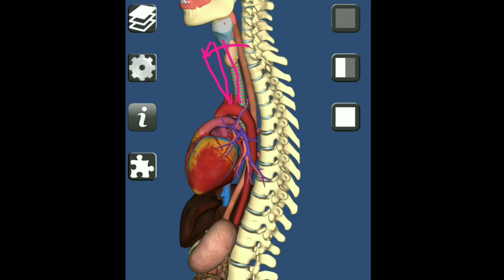Posterior relationship, as I have already said, is the vertebra, and we know that the curvatures of the vertebra are followed by the esophagus. And also the anterior relationship includes the trachea. You can see this is the trachea which is present anterior to the esophagus. Okay, now we come to the thoracic part of the esophagus.